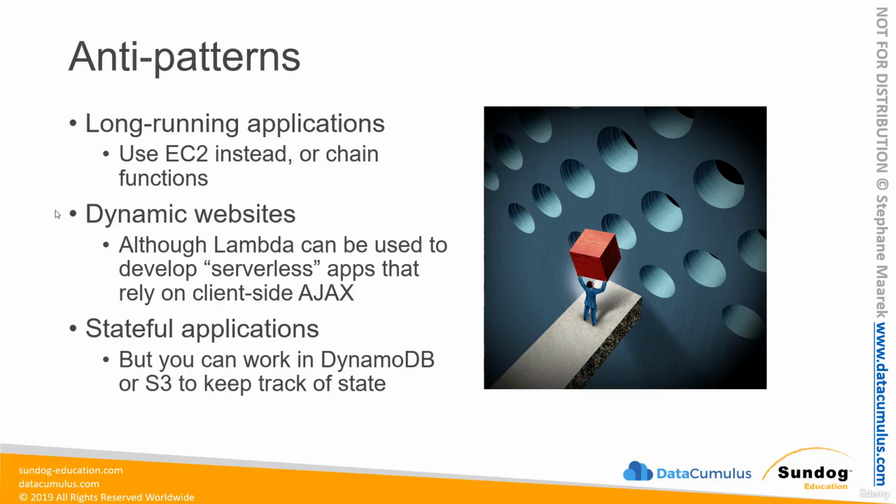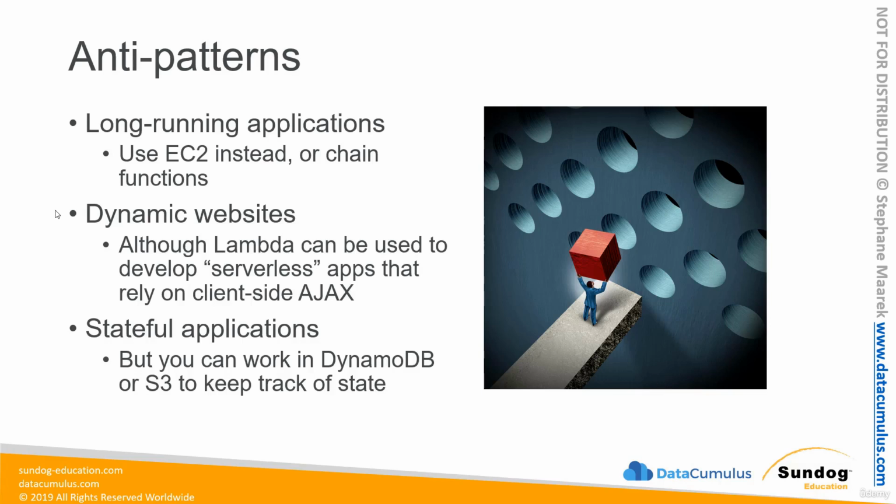So you wouldn't want to be using Lambda to actually generate HTML for your website on demand. It's okay to use it for serving little snippets of it through serverless applications in AJAX. That's a perfectly good use of Lambda. But if you're going to be actually generating your website, the entire page dynamically, Lambda is probably not the best choice for that. For that, you want to be using something like EC2 and CloudFront for a truly dynamic website.